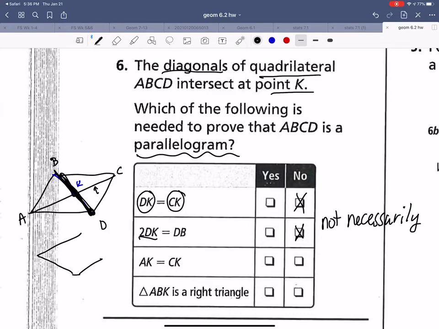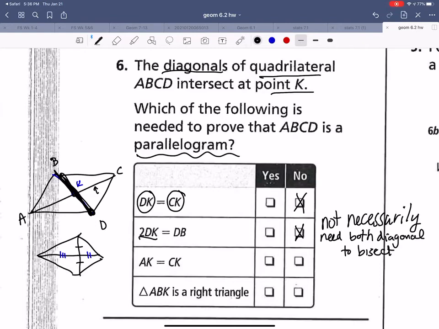If I look at my kite, notice how those are equal, but this one is not equal to that one. This one is much, much longer. So that's only one set. I need both sets of diagonals to bisect.